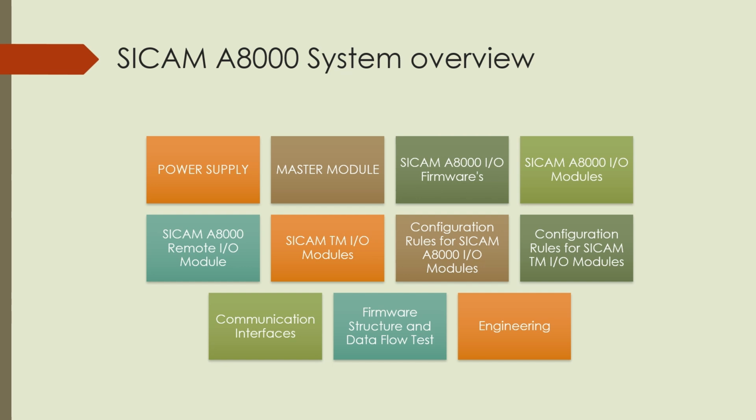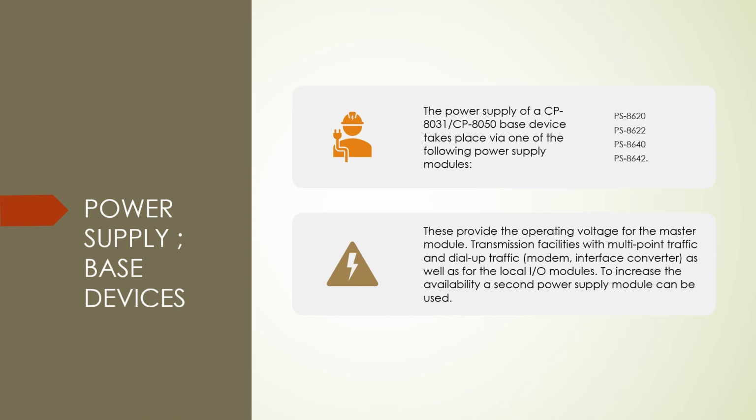So now we'll talk about power supply devices. The power supply devices supported in this family are four devices: PS8620, PS8622, PS8640 and PS8642. PS8620 and 8640 support 24 to 60 volt DC, and 8622 and 8642 support 110 volt DC.